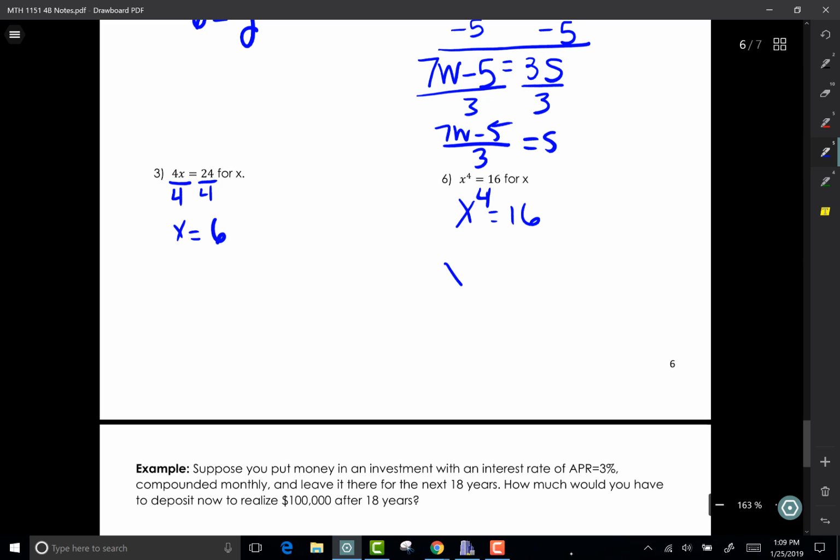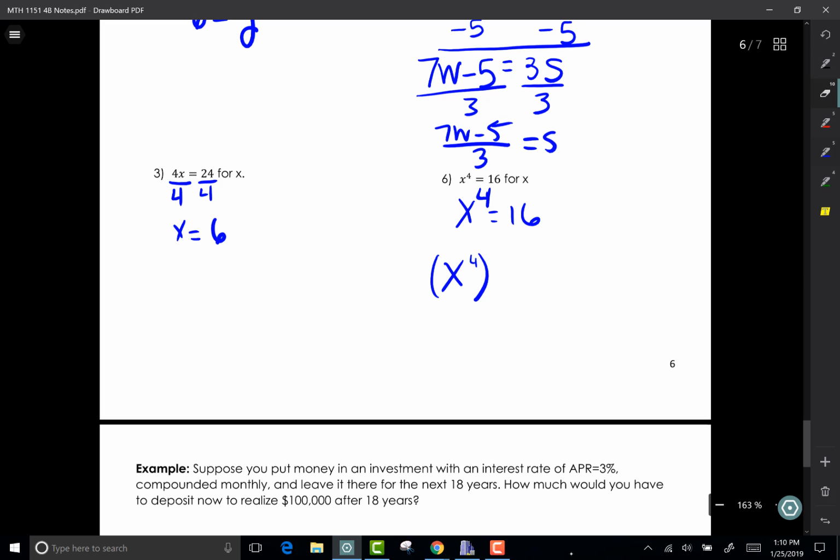So what I want to do, I want to make this somehow x to the first power. So I just have x is equal to, and then whatever the answer is. So I got to figure out what would I multiply by in order to change that 4 to a 1. 4 times what would give me 1?